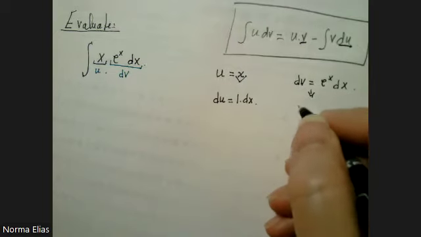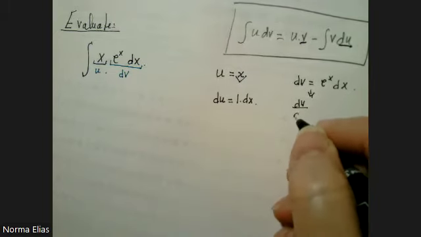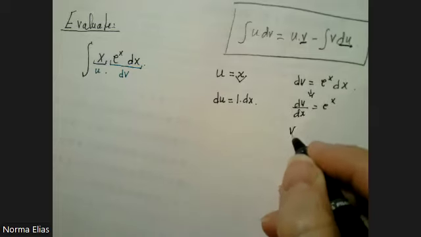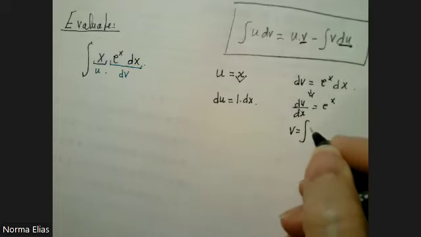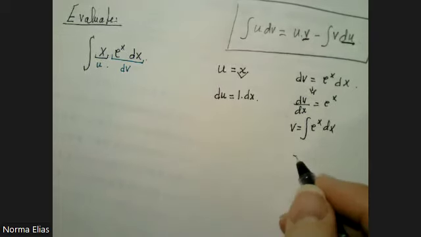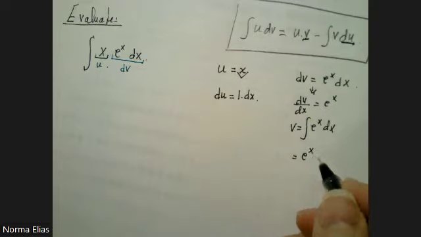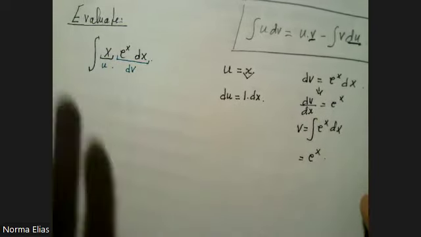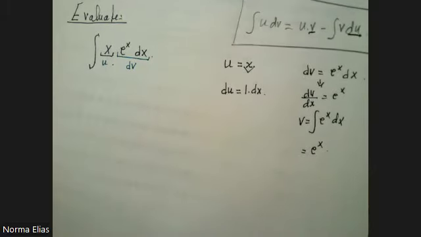The dv is e^x dx, so v is the antiderivative of e^x dx, which means v is e^x. Don't worry about a constant at this stage. We add a constant once we're done with integration.